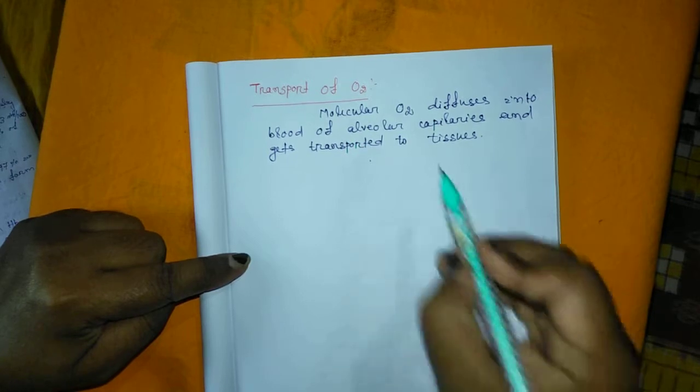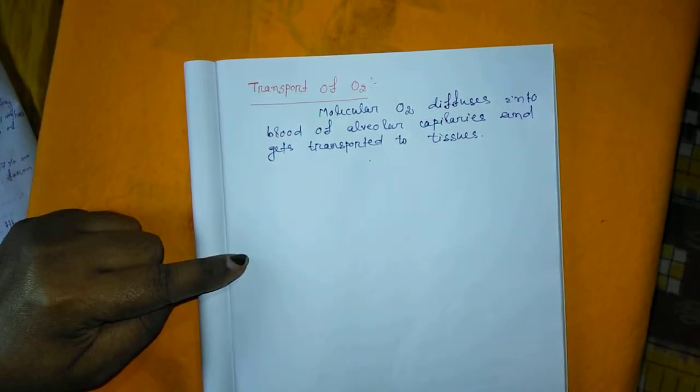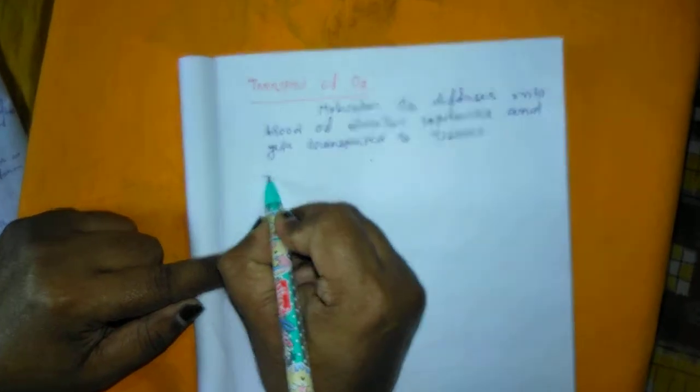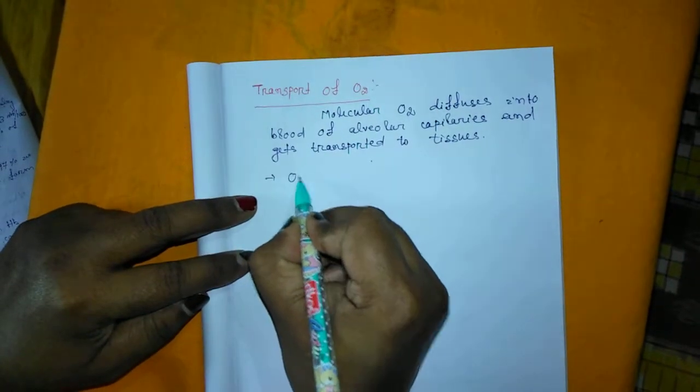Plasma has very poor capacity to carry oxygen, so most of the oxygen is carried by hemoglobin, forming oxyhemoglobin.